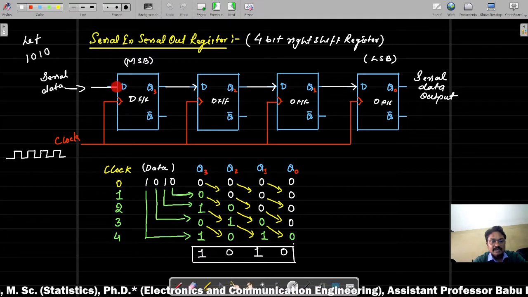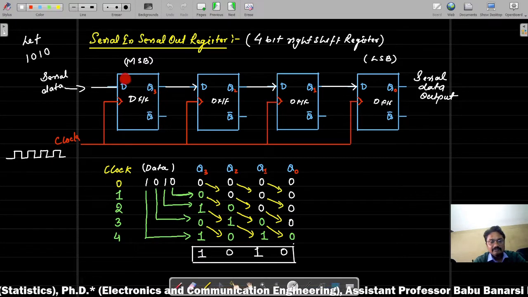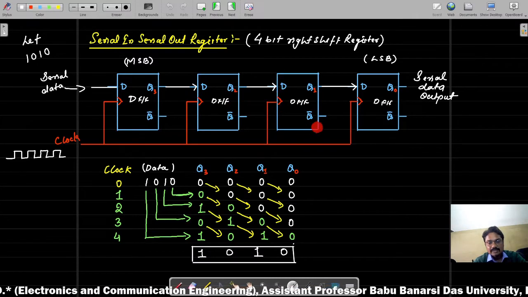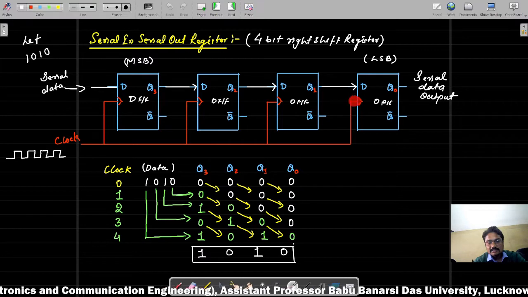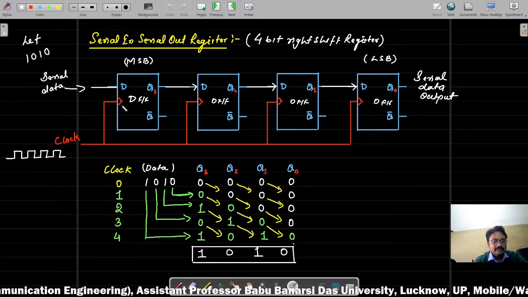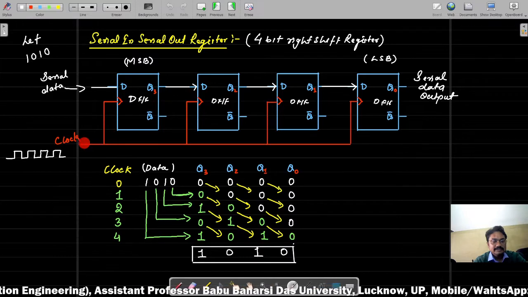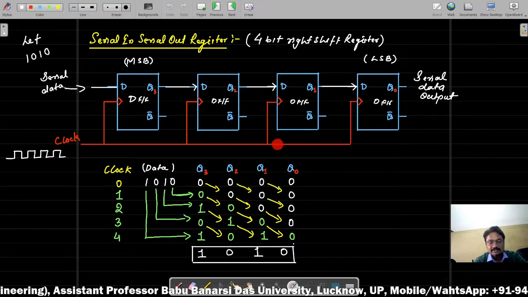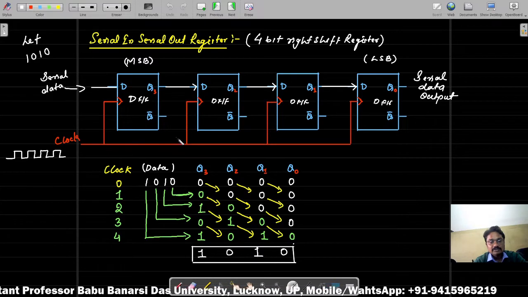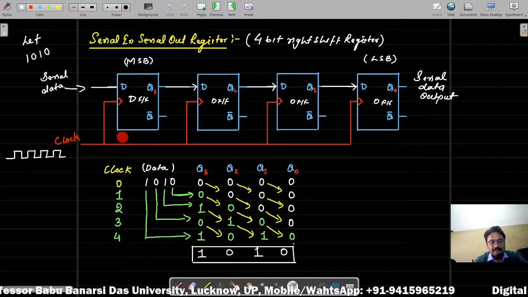You can see we are using 4 D flip-flops here. These are the 4 D flip-flops, and a common clock pulse is applied to all the flip-flops, because we have already told you that these registers are synchronous systems. That's why we can provide a common clock pulse to all the flip-flops.